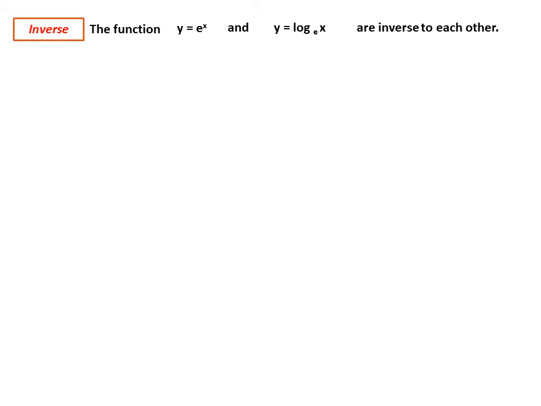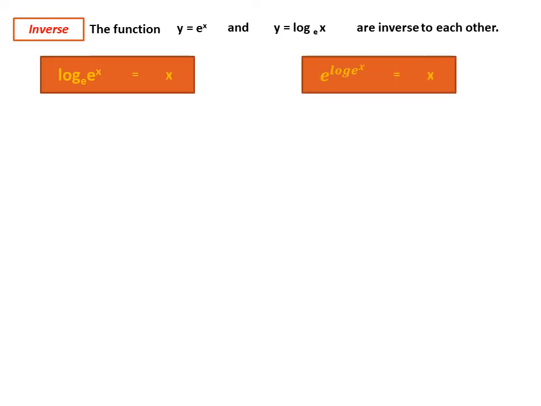So here the first function is the inverse of the second function, and the second function is the inverse of the first. So log e^x to the base e is equal to x. Similarly, e to the power log x is also equal to x. You have to remember these two important results.